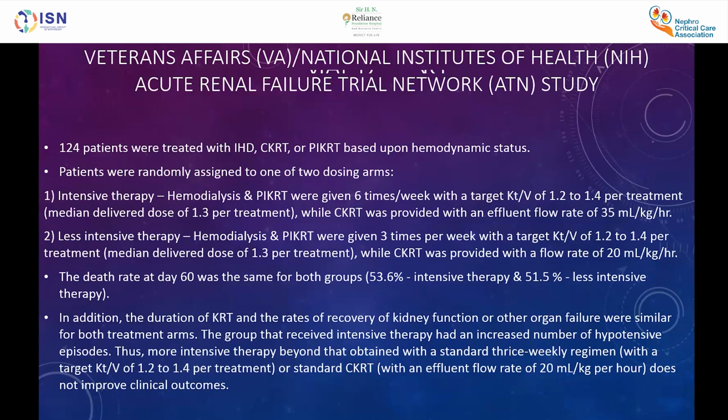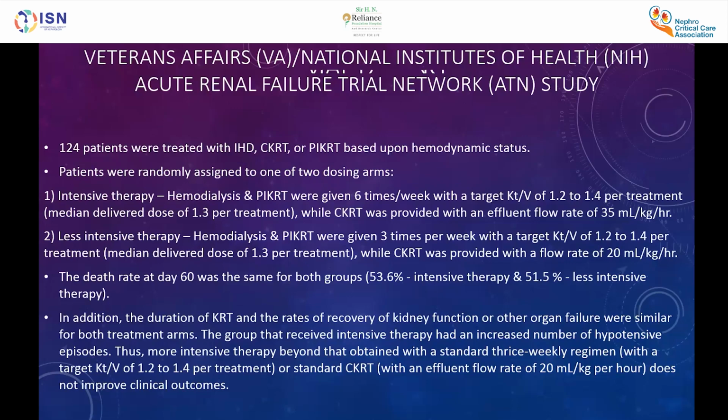In intensive therapy, they had hemodialysis and prolonged intermittent RRT type of dialysis, which was given 6 times per week with a target Kt/V of around 1.2 to 1.4 per treatment. Whereas CRRT was provided with an effluent flow rate of around 35 ml per kg per hour. This was the intensive therapy.